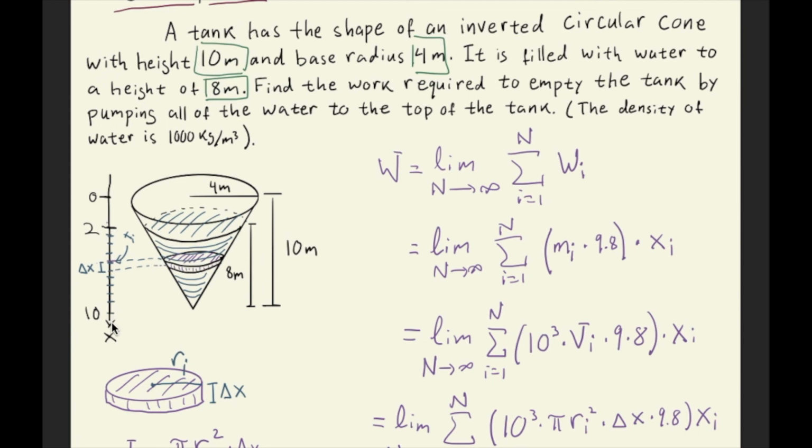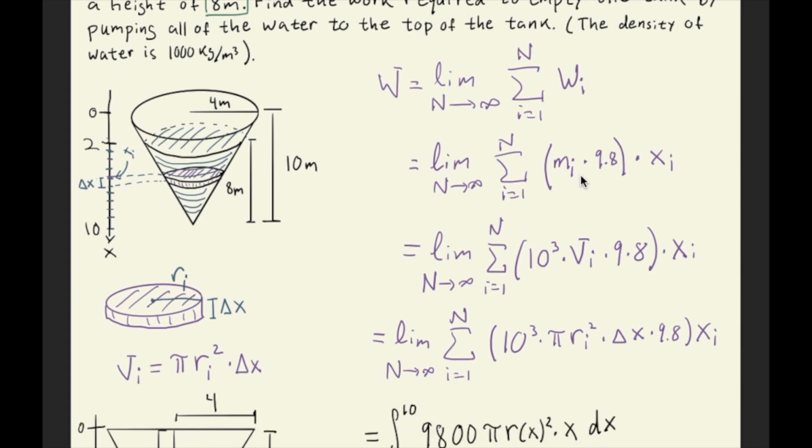And then we divide it into small slices, small partitions, because different partitions will have to be displaced by different amounts, and that displacement will have a different amount of work necessary. So we focus on just one slice, and we sum all the different works for all the different slices.